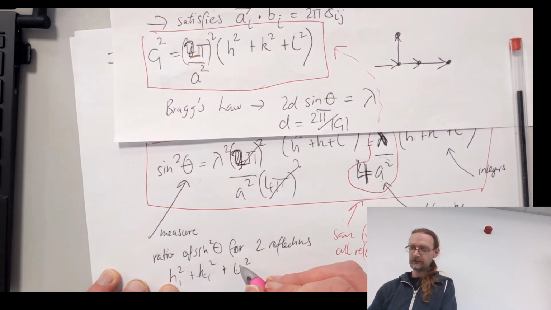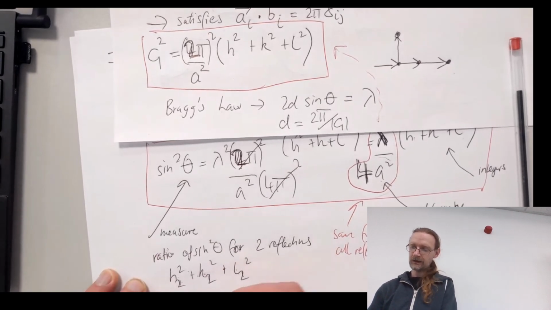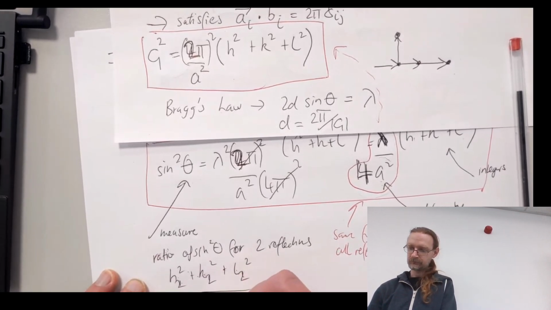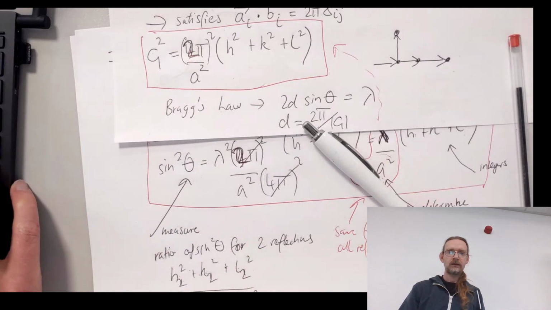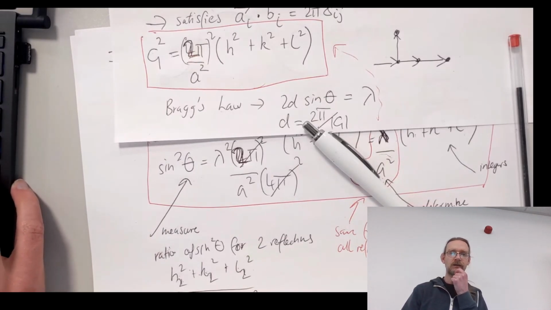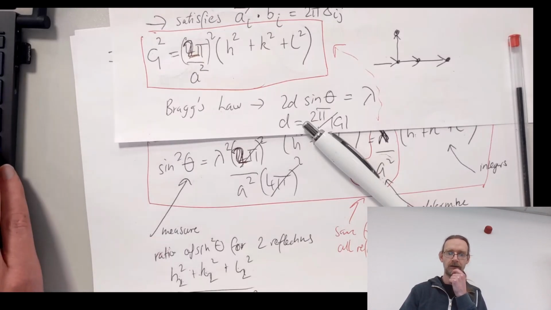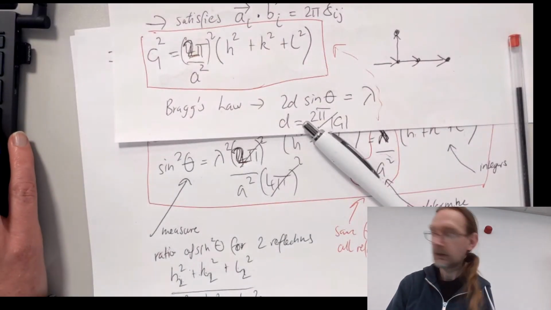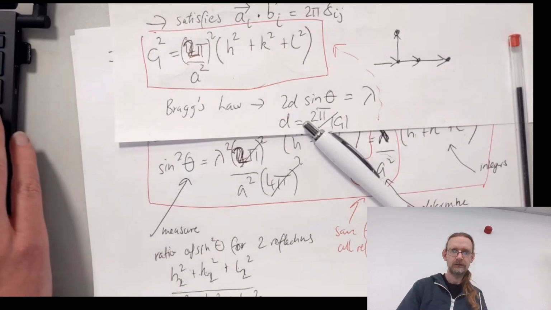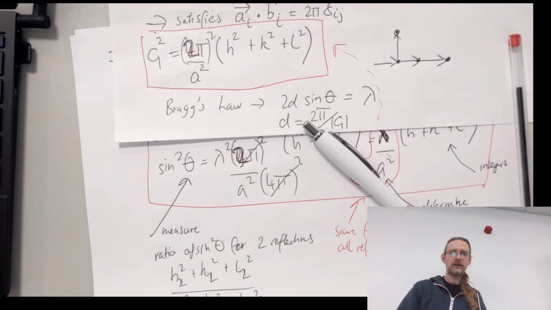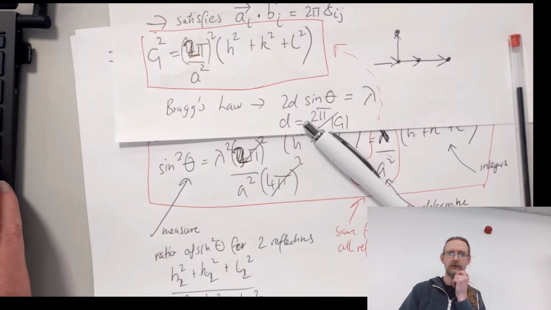Let's do the second one: the second value divided by the first one. I'm always going to divide by this first angle. So I've divided sine squared theta for the second reflection by sine squared theta of the first reflection.